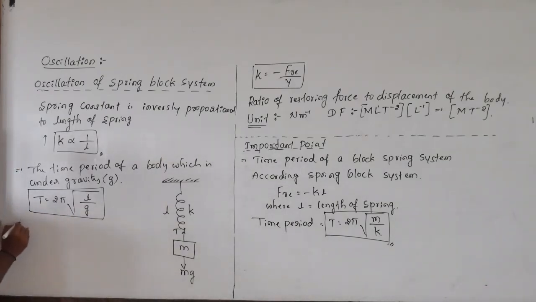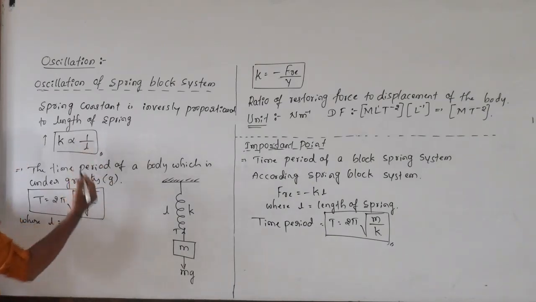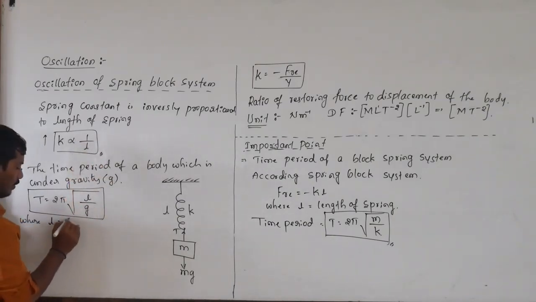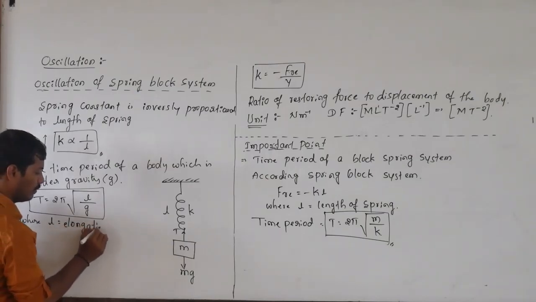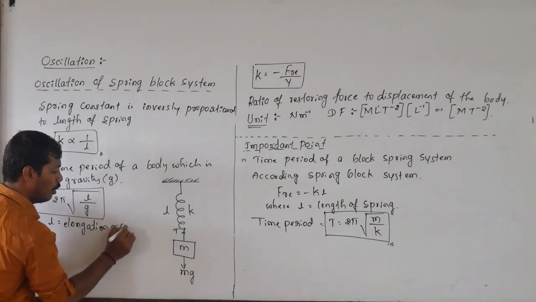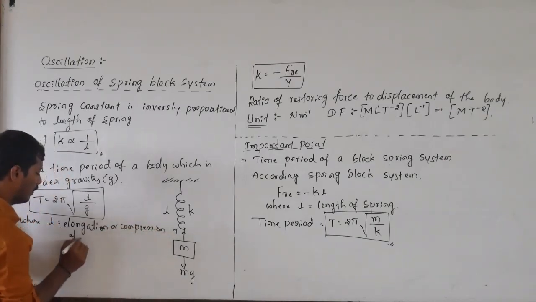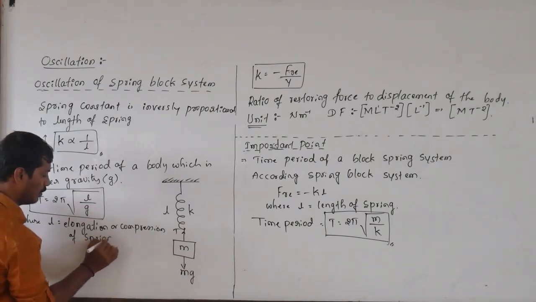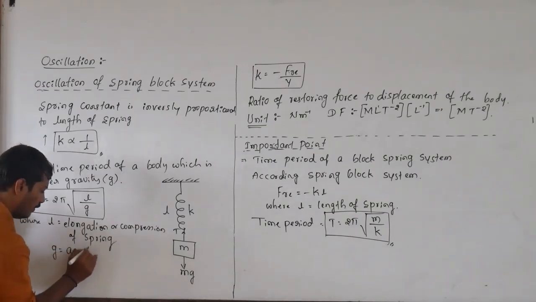Here L is called the elongation or compression of the spring, and g is the acceleration due to gravity.